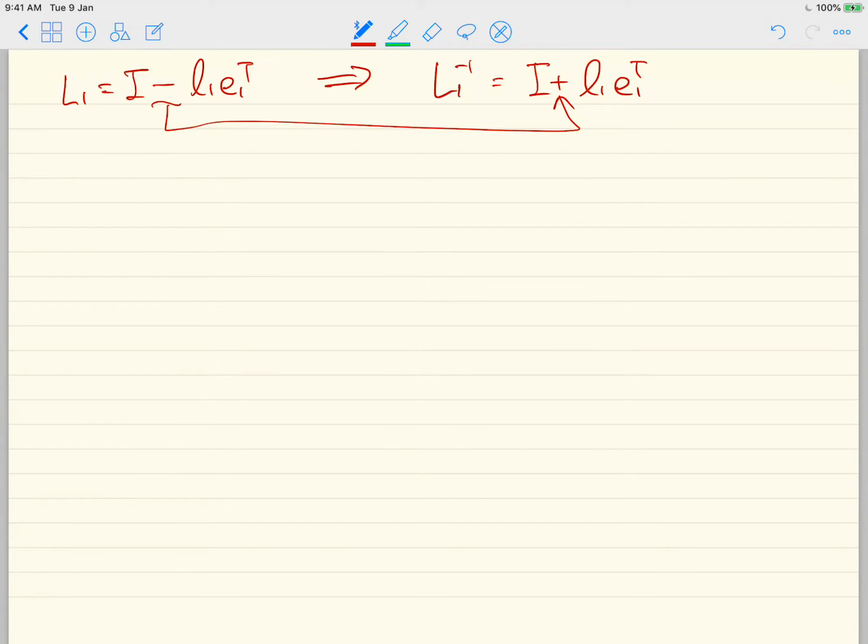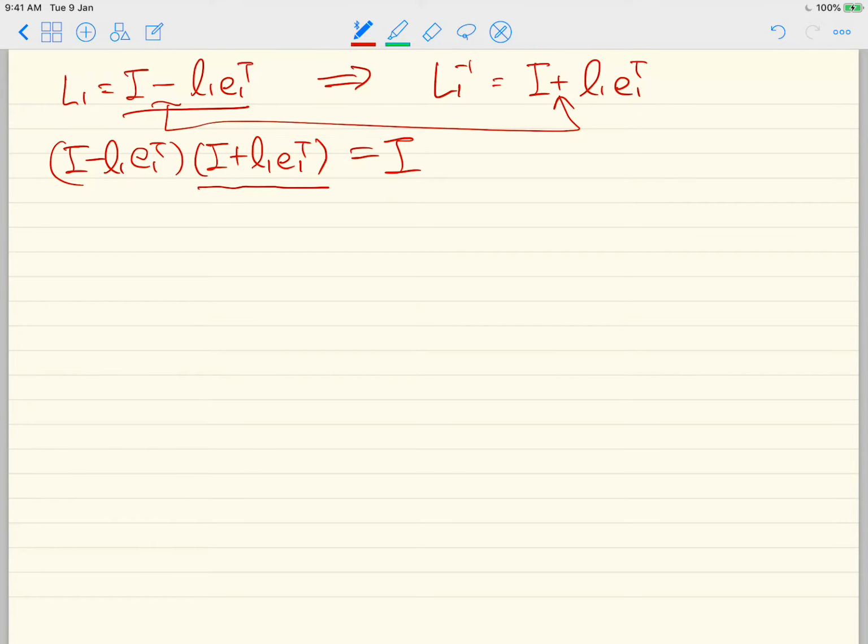Okay, so let's prove this with a simple derivation of the product of these two matrices. If we obtain the identity matrix, and this is a square matrix, and we found some matrix which, when multiplied with the original matrix, generates the identity matrix, then we can conclude that this guy is the inverse of the original matrix, right?